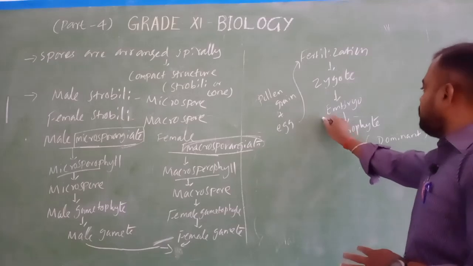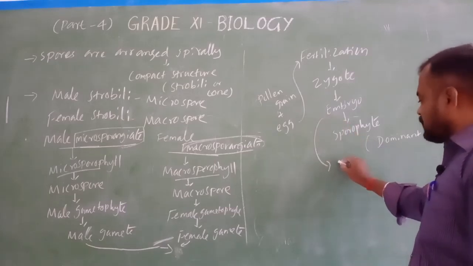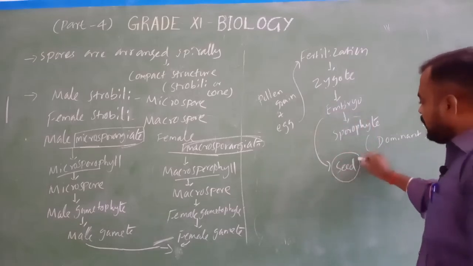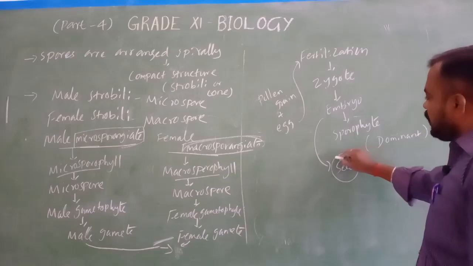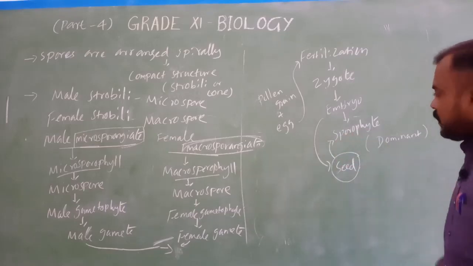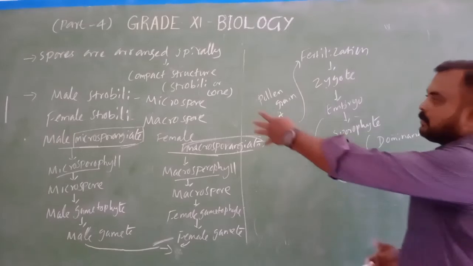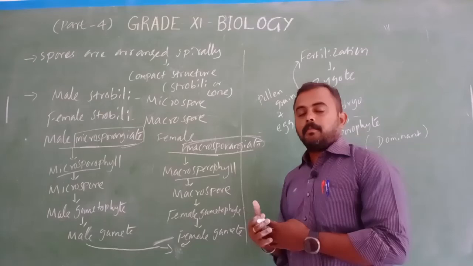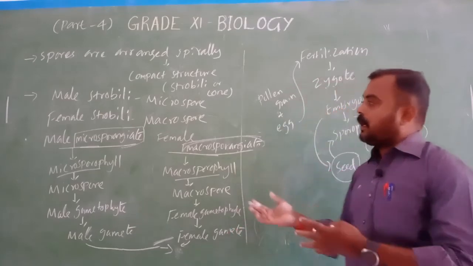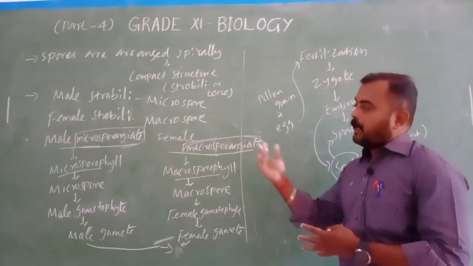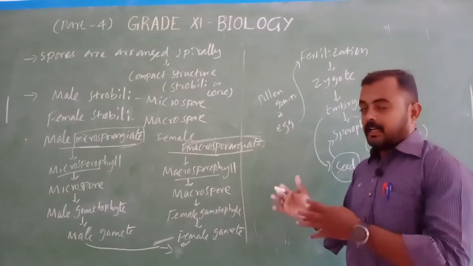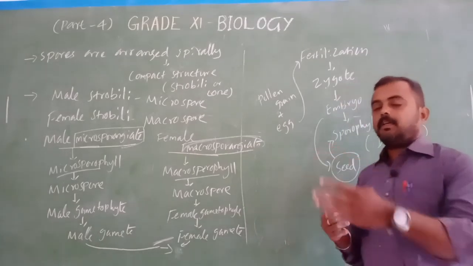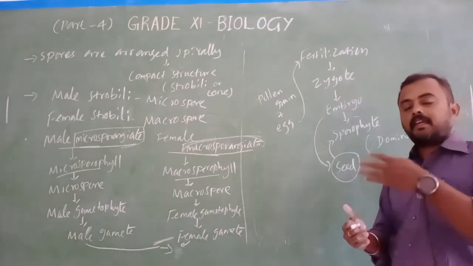Then the embryo is present in the seed. From the seed, the sporophyte will germinate. From the sporophyte the new plant arises. Then microsporangiate and macrosporangiate come again, which produce male and female gametes. The process moves like a cycle.